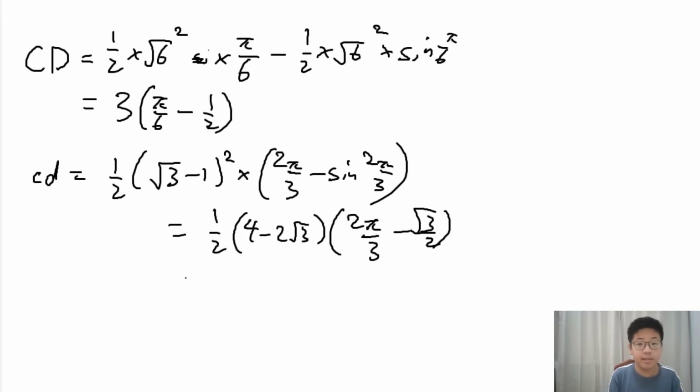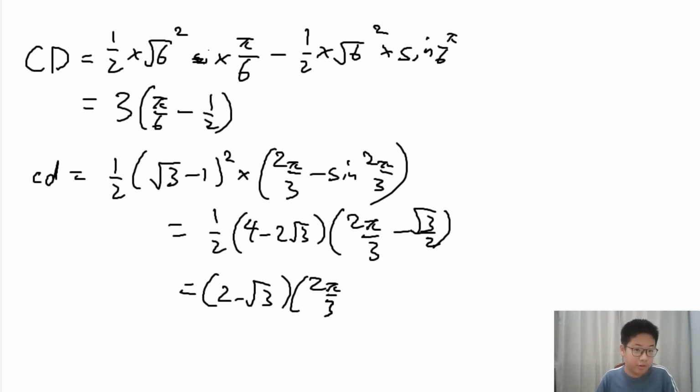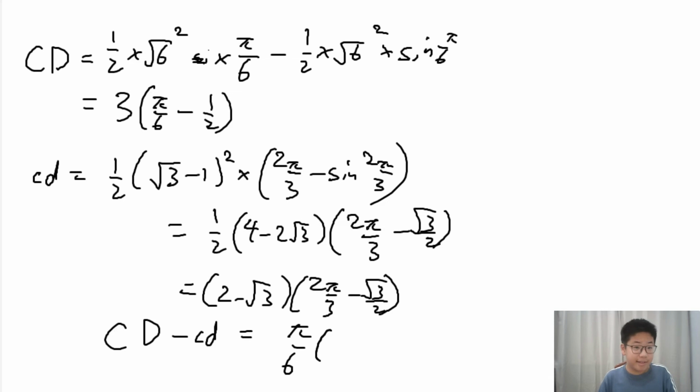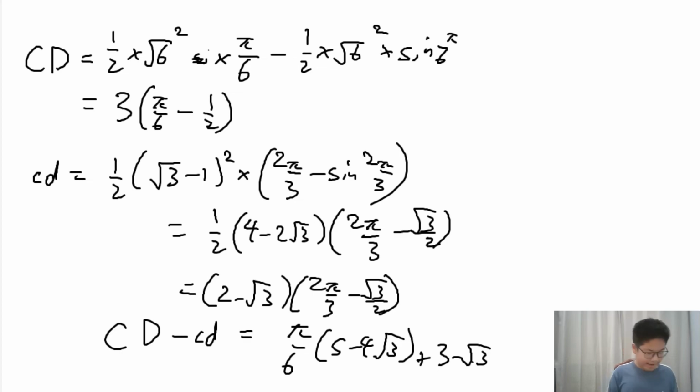So this also equals 2 minus root 3 times 2 pi over 3 minus root 3 over 2. There. So big CD minus small CD equals pi over 6, 5 minus 4 root 3 plus 3 minus root 3. There.